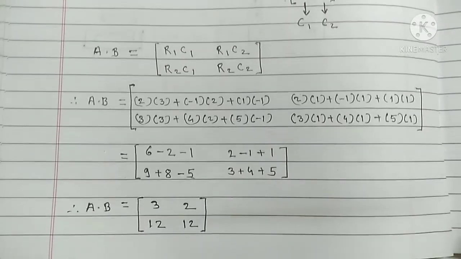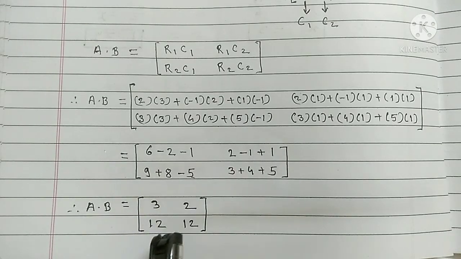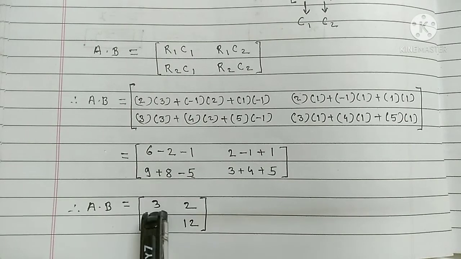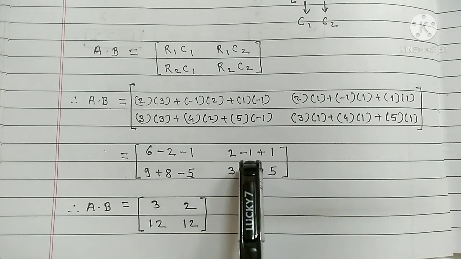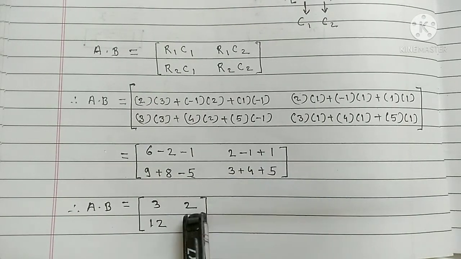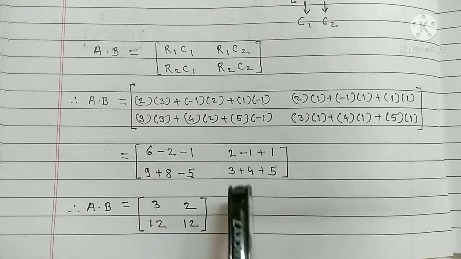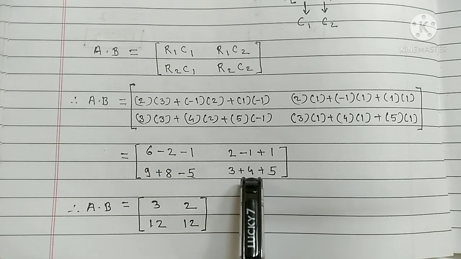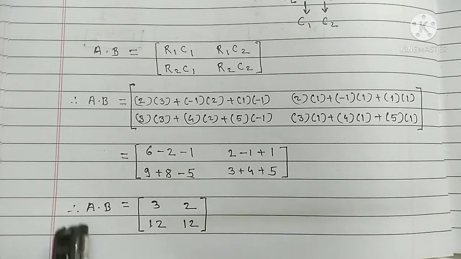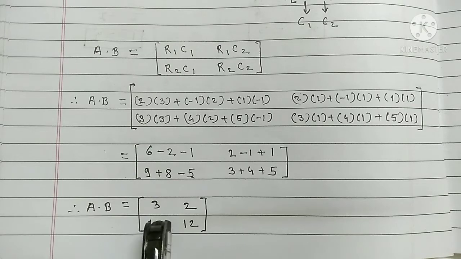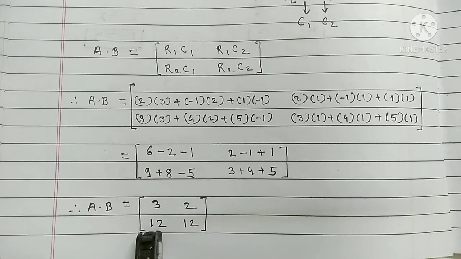So 6 minus 2 minus 1, that is 3. Then 2 minus 1 plus 1 is 2. Then 9 plus 8 minus 5 is 12, and 3 plus 4 plus 5 is 12. So this is our matrix AB: [3, 2; 12, 12].